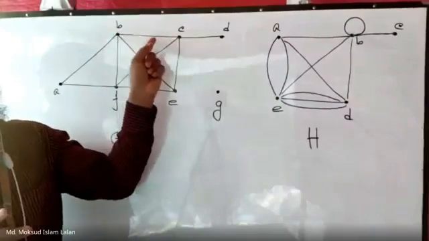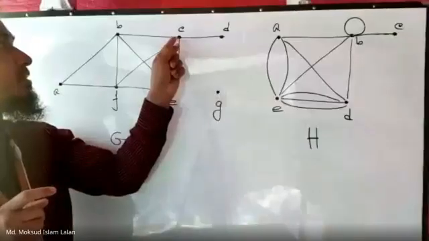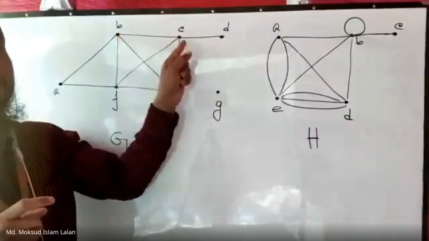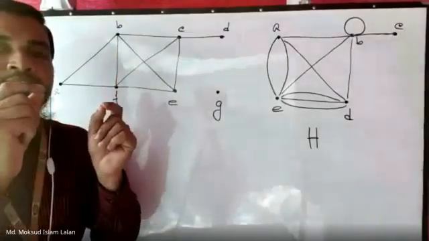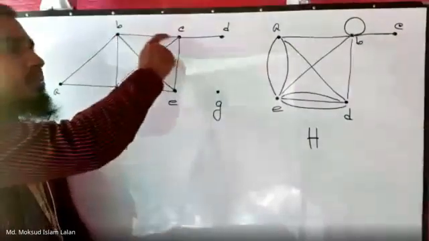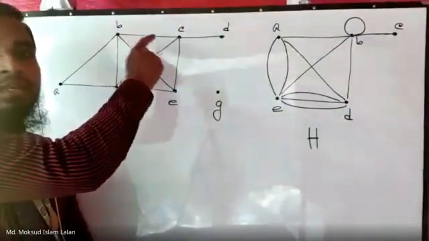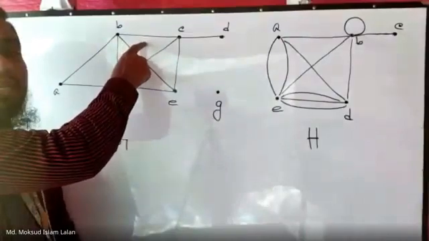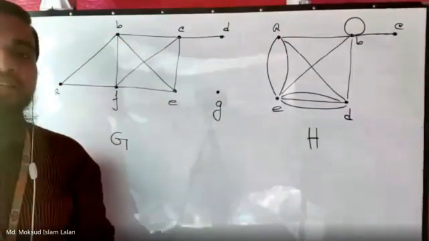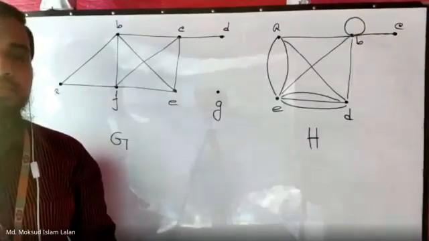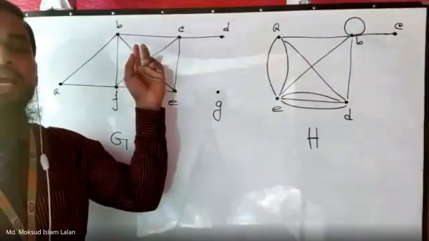This is an edge. The edge connects these two vertices, B and C. Since it's connected between B and C, this is definitely an edge. We can say it is adjacent. It has another name, that is called adjacent.